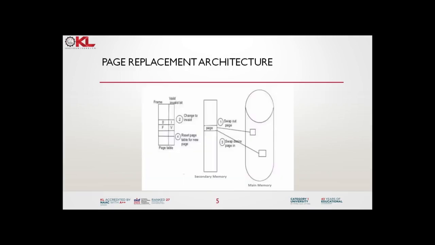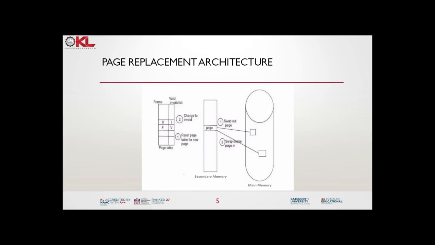This diagram definitely helps you in understanding more about the page replacement algorithm. Consider this is a main memory, and this is a secondary memory. When you swap a page from secondary memory into main memory, you call it swapping in.